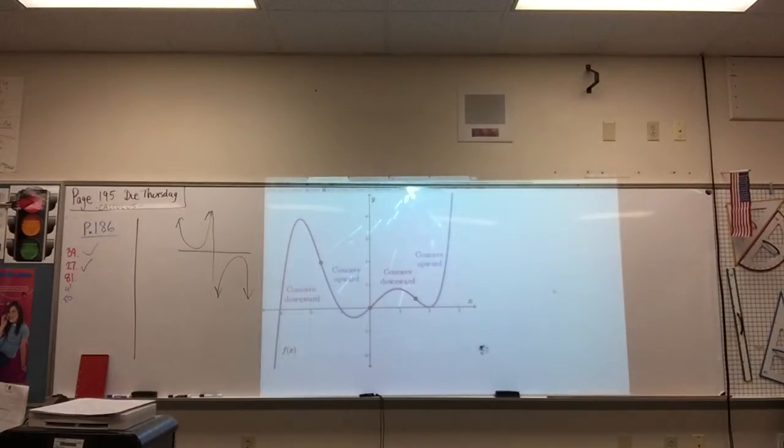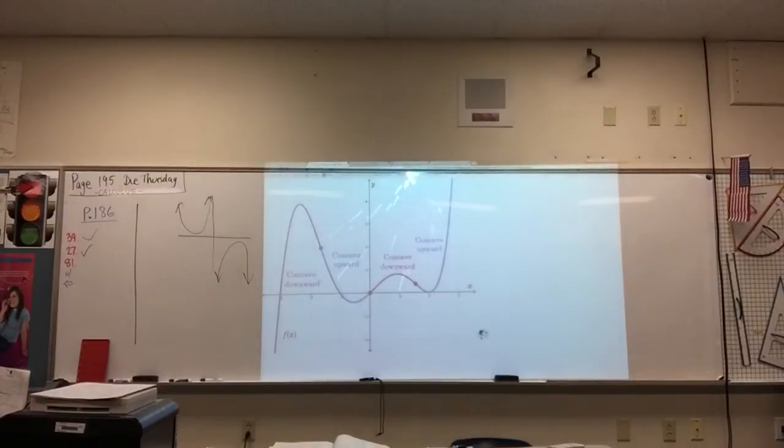If there's a hole in a spot, would that be the point of inflection? If this was an open circle right here, it would not be a point of inflection, because a point of inflection has to be defined. It has to be an actual point. An open circle means that it's an undefined point. But what if the point was 1 unit up, and that was the point?